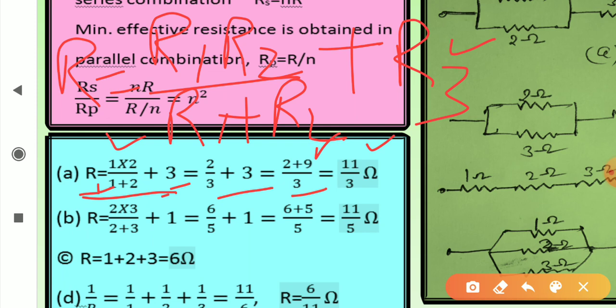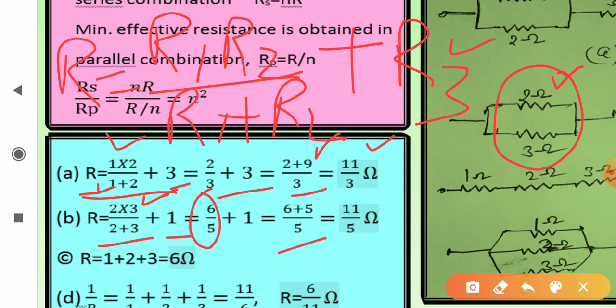ओके, सो कमिंग टू द नेक्स्ट वन. हियर आई हैव टेकन 2 and 3 in parallel. So here R is 2 into 3, R1 R2 upon 2 plus 3, plus 1 सीरीज में आ गया. So 2 into 3 is 6 upon 2 plus 3, 5. So this becomes 6 upon 5 plus 1, and 5 is LCM.